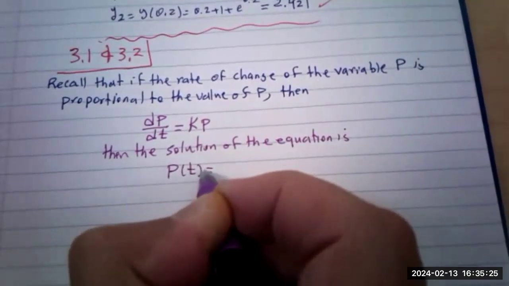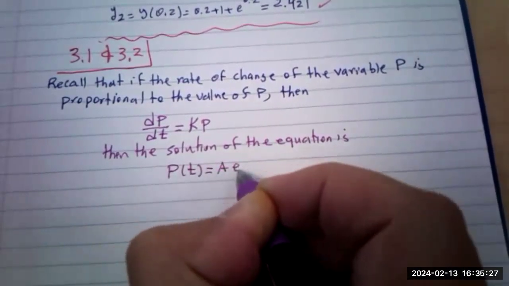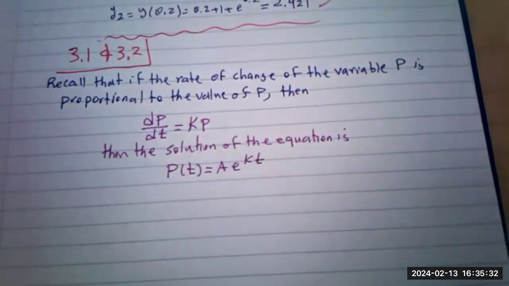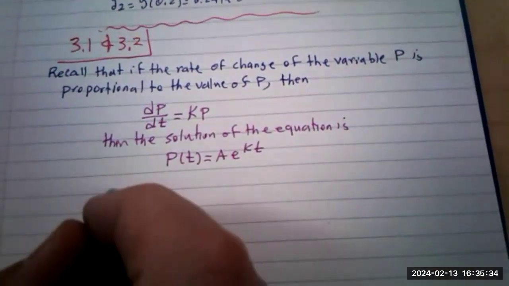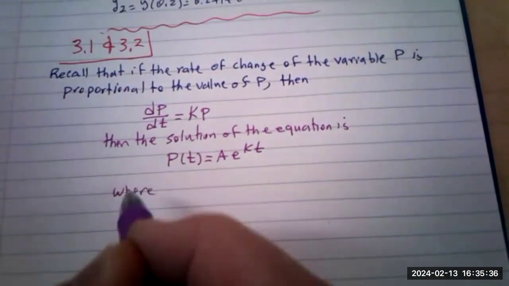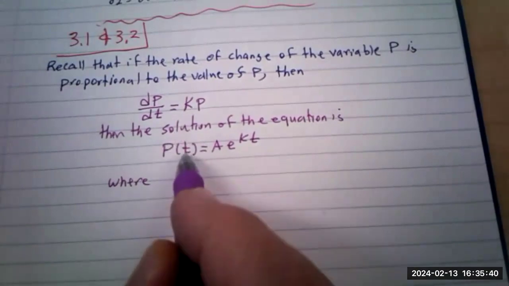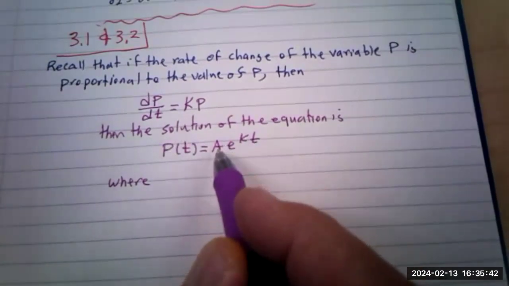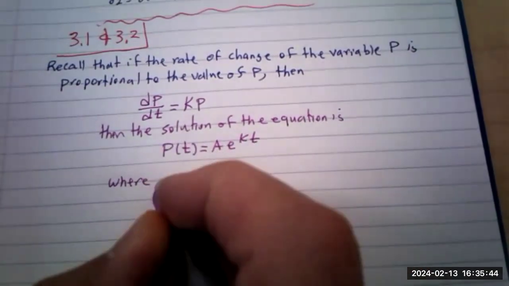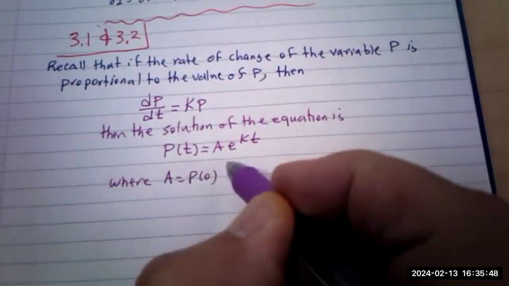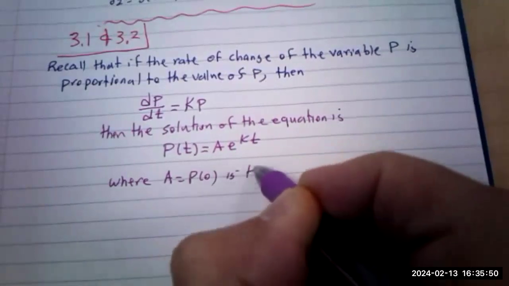P of t is equal to A e to the kt. A is a constant, the initial value, initial population, initial money. Because if you put P of 0, e to the 0 would be 1, so that gives A. So A is equal to P of 0, the initial value.